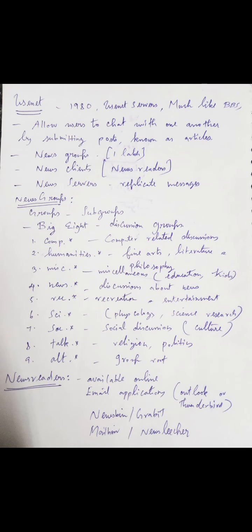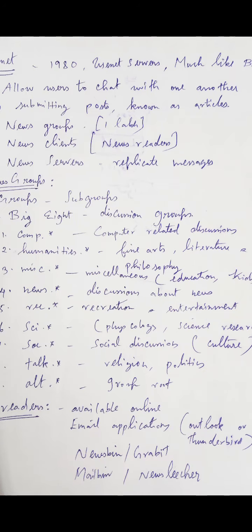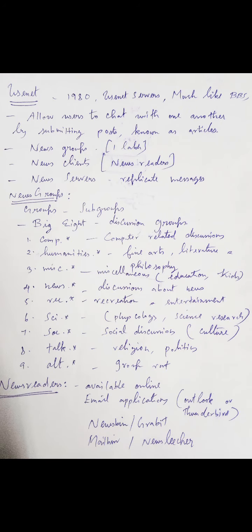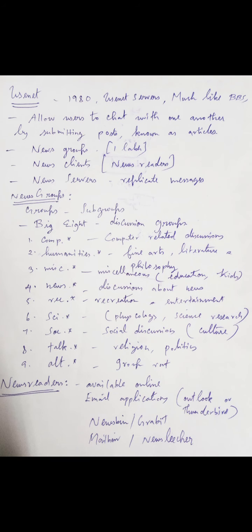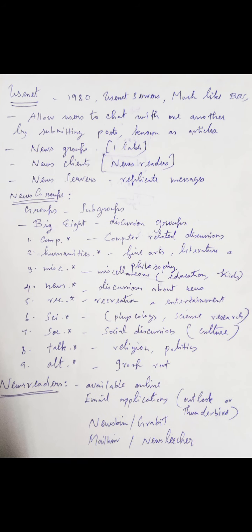Next one, replicating messages, in the sense passing messages from one Usenet server to another Usenet server. So normally, suppose you have some information with you, and you have to pass it to some other Usenet server, and from that particular Usenet server it will pass to some other Usenet server.